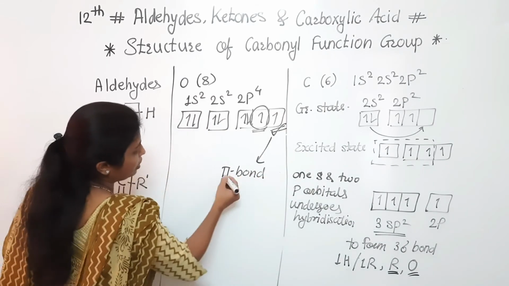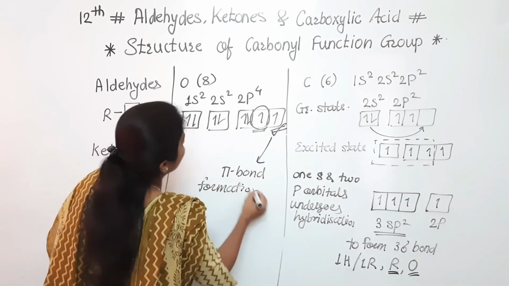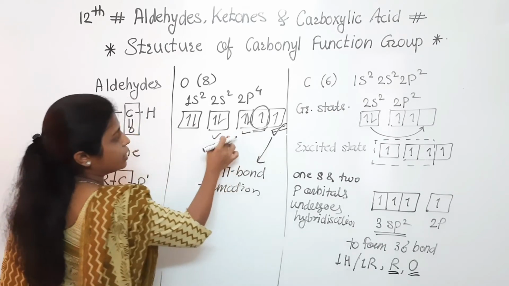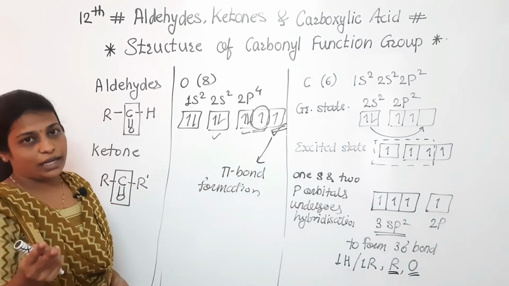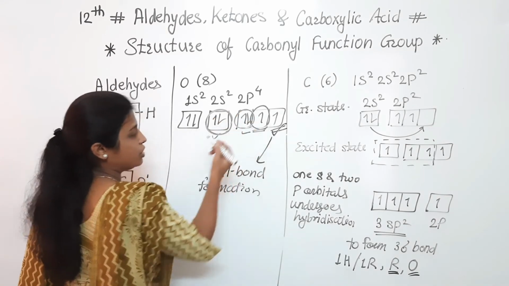Are you getting my point? Pi bond formation. You will say, what about that, ma'am? The 2s and 2p orbitals, which have the 2 electrons, remain as a lone pair on the oxygen.